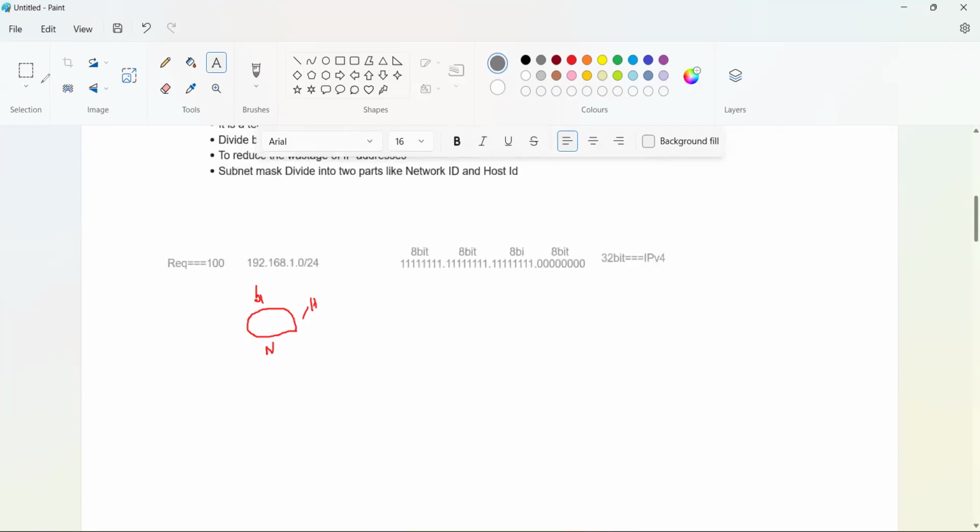Now, in this range, the subnet mask is 255 here, 255, 255, and why do I say 0? Like 2 power 0, 1, 2. Exactly. Good. Let's take the power values.